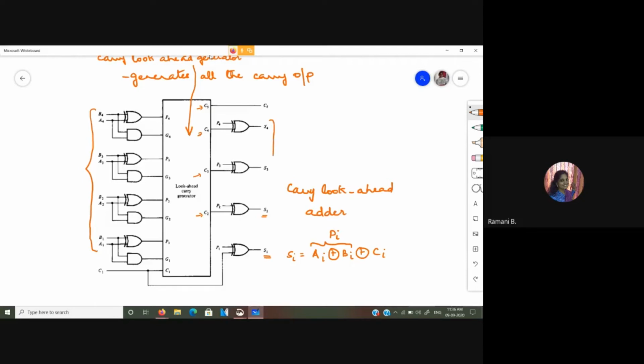So all these are your sum bits and C5 is our output carry. So this is about carry look ahead adder.